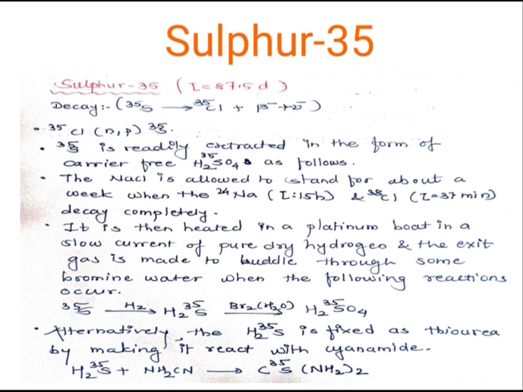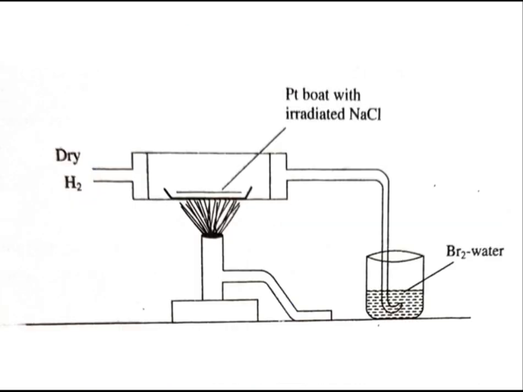So this is the product: CS(NH2)2, and S is sulfur 35. So simply here the separation of the sulfur 35 from the neutron irradiated sodium chloride will be done.